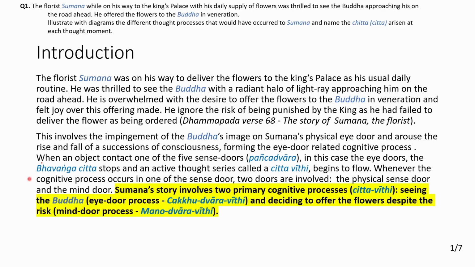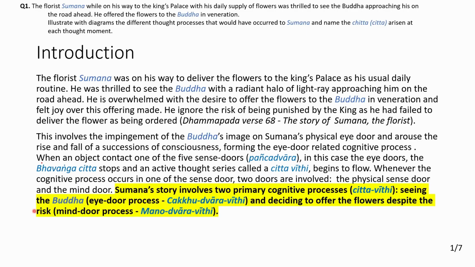Whenever the cognitive process occurs in one of the sense doors, 2 doors are involved, the physical sense door and the mind door. Sumana's story involves 2 primary cognitive processes: seeing the Buddha via the eye door, a process known as the Chakkhu Dvaravithi, and deciding to offer the flowers despite the risk of being punished for failing to deliver the flowers, a process at the mind door level.